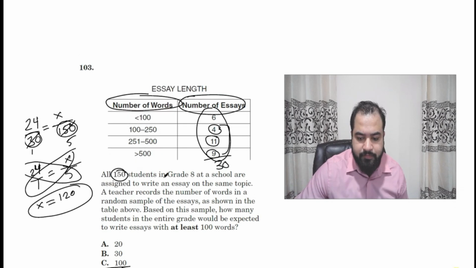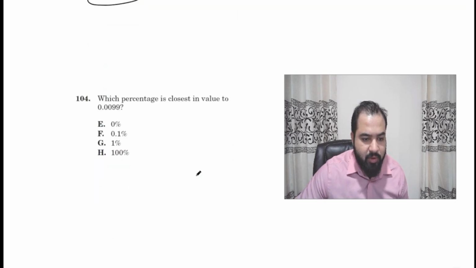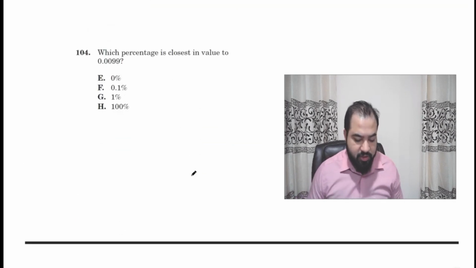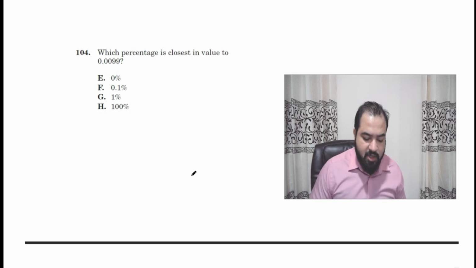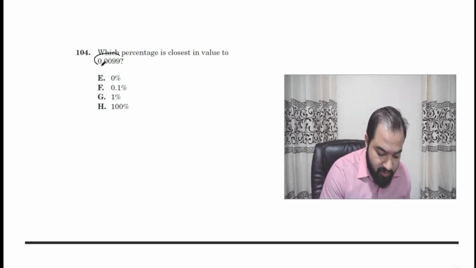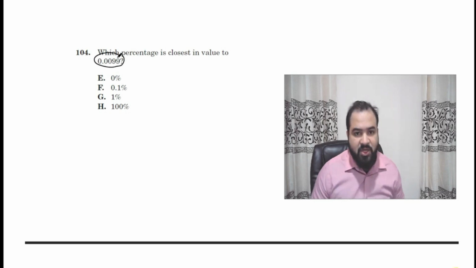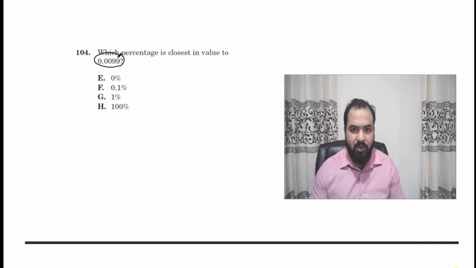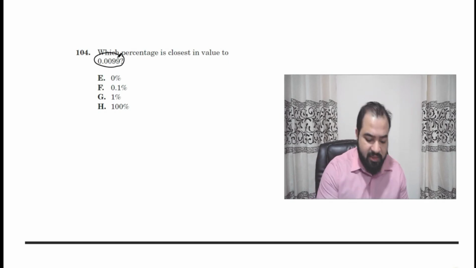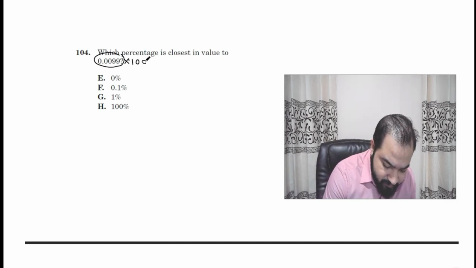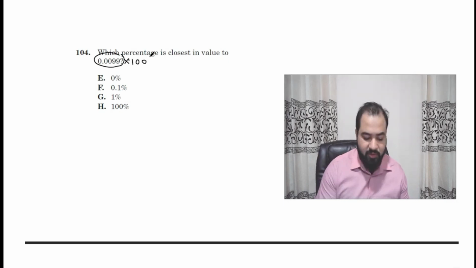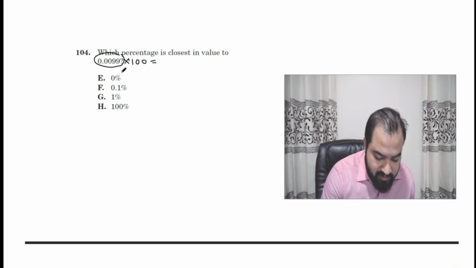All right. Now let's do question number 104. It says, which percentage is closest in value to 0.0099? When you have a fraction or decimal and you want to turn it into a percent, just multiply it by 100. That becomes a percent. So when we multiply this by 100, what happens?